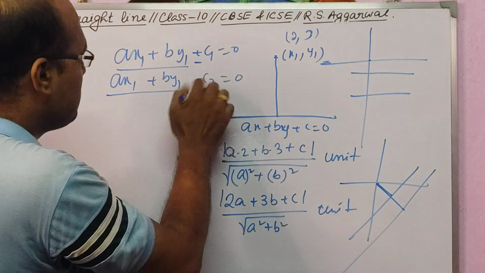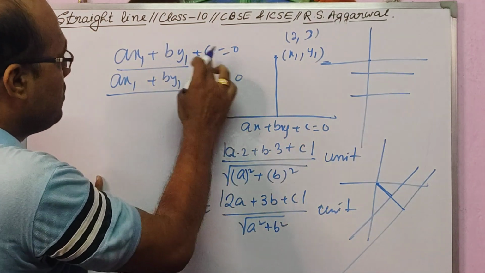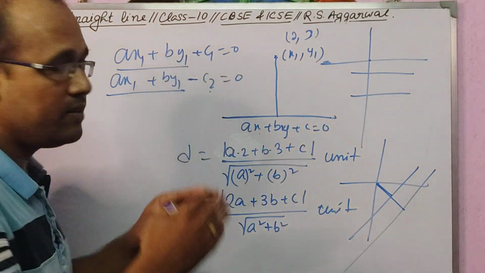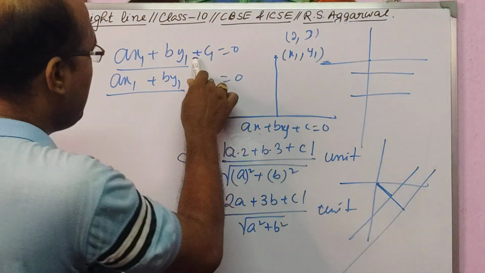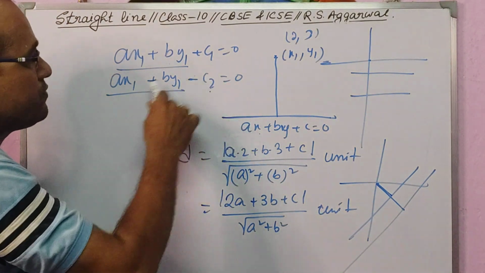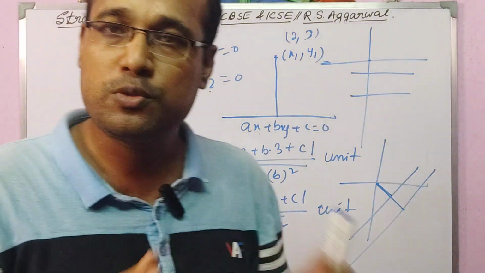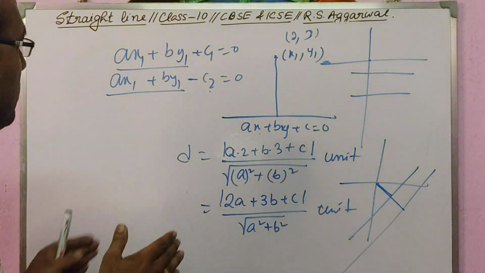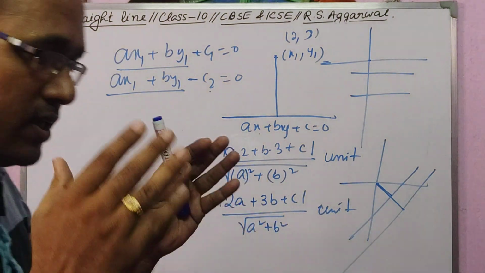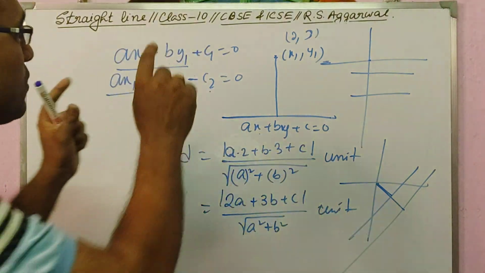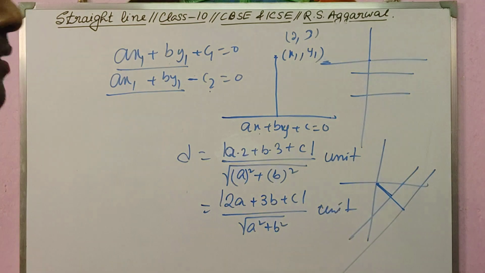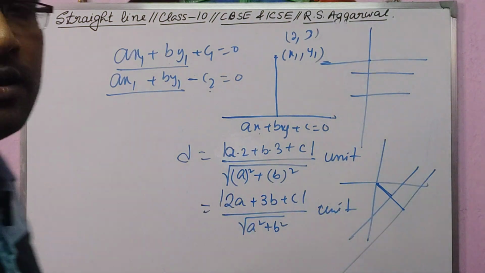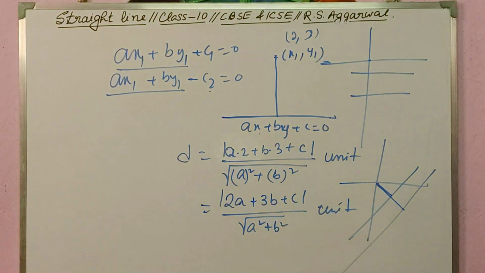If the signs before the constant parts are different, then they are on opposite sides of the origin.